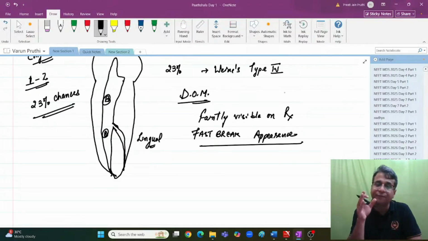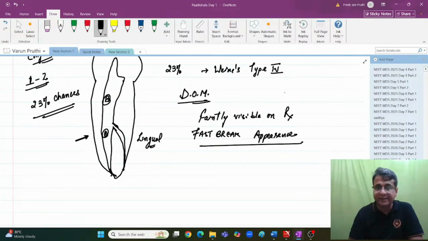It is a fast break appearance, which means the canal is bifurcating into two smaller canals, or trifurcating into three canals, beyond this point. Since the canal is bifurcating or trifurcating beyond this point, the lumen becomes very narrow and is not visible on X-ray.